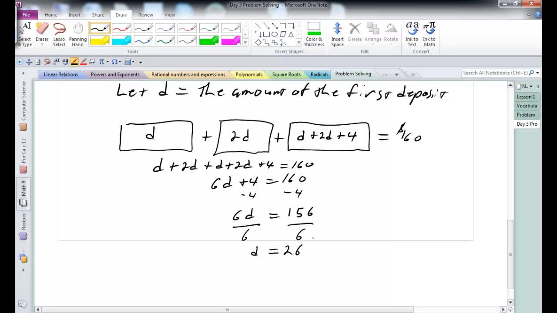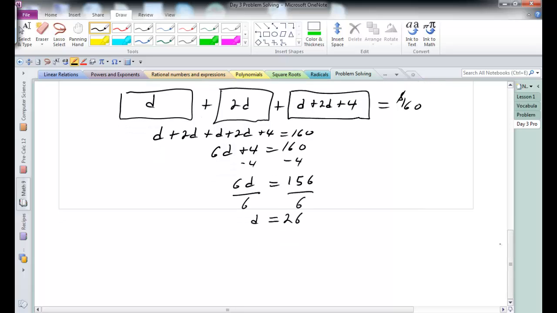Now we should check one that's this complicated. We said that D was the amount of the first deposit, and D equals 26. So let's try that. We would have $26 plus the second deposit was twice as much as D, and so that's $52.